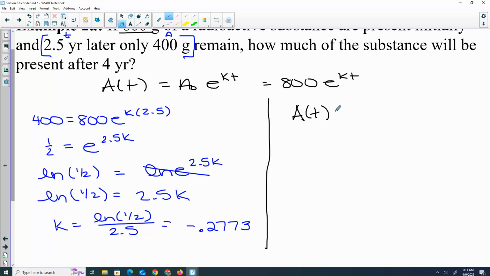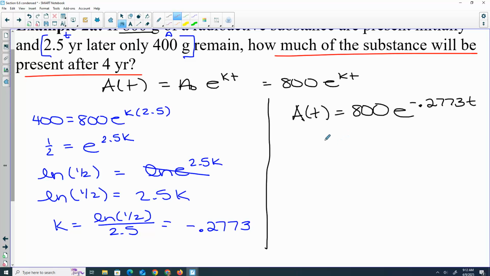So my actual equation is 800 e to the negative 0.2773 t. So all of that work was to figure out what the constant was, what the k is. The t can change, the time can change. So now, once we have the equation, we can go back and answer how much will be present after 4 years.